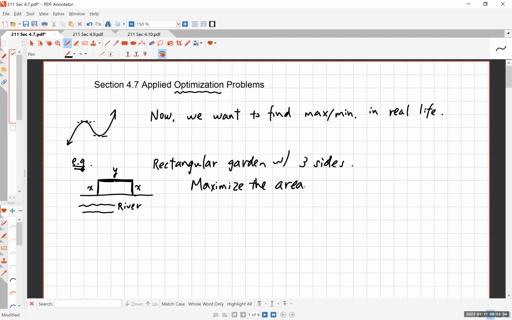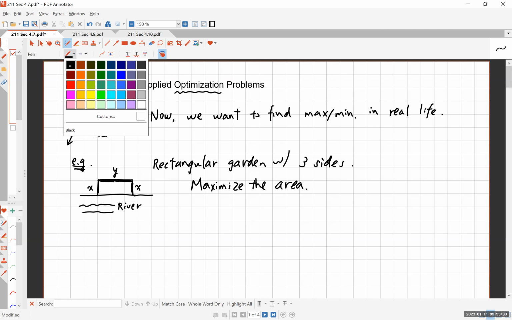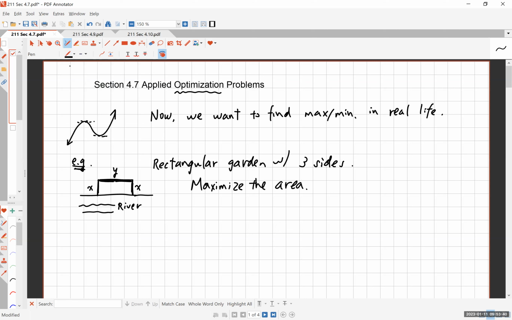Now, of course, you can make it bigger and bigger if you just get x and y to be very, very large numbers. Let's say x is like 15 miles and y is 30 miles. Well, so you have to have some restriction, of course, to solve a problem. And in real life, you have restrictions, and these are called constraints. Okay, so let's say the constraint here is 100 feet of fencing.